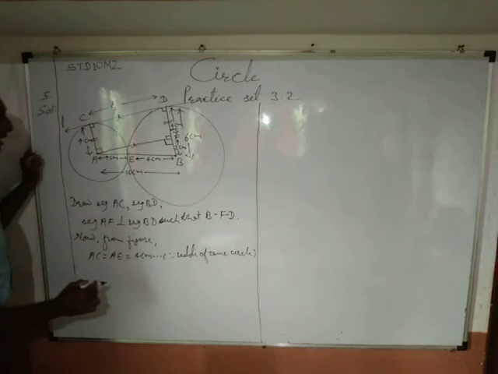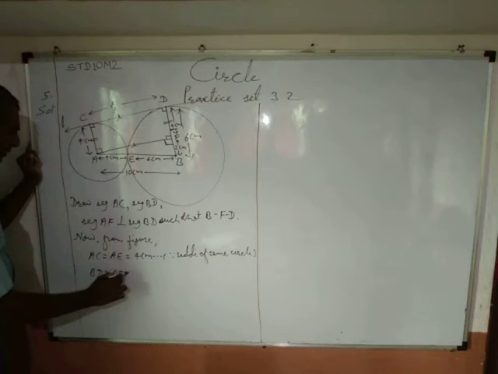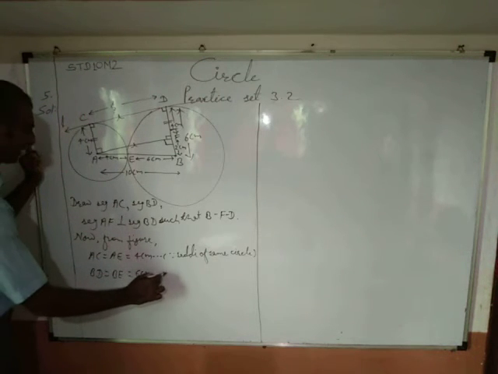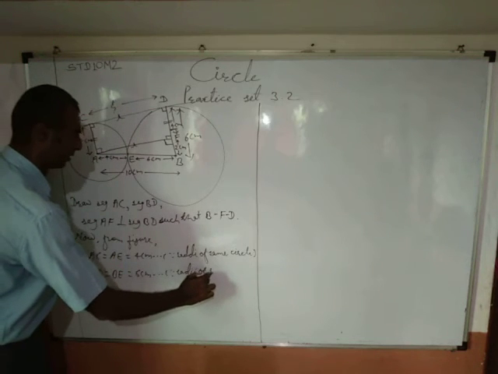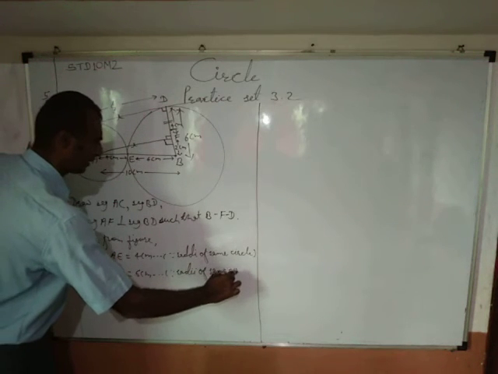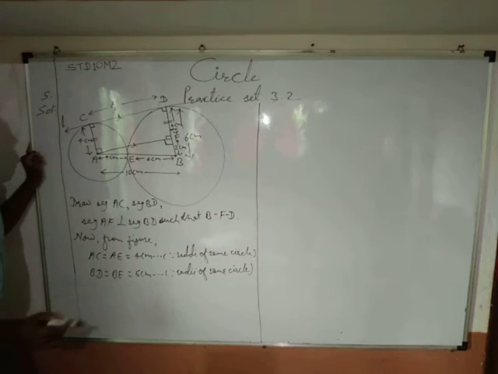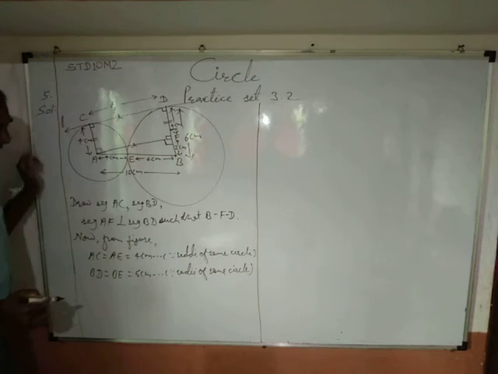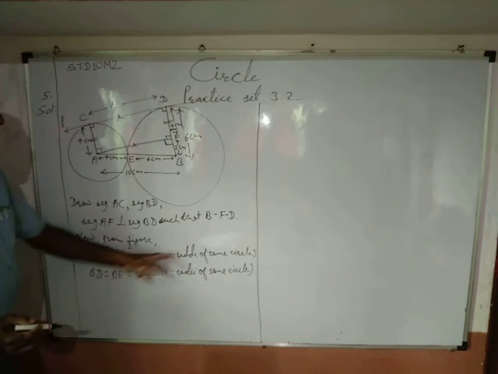Similarly, BD equals BE equals 6 cm, since radii of the same circle. Though the reason is the same, the circles are different. That's why we mentioned these two things separately.